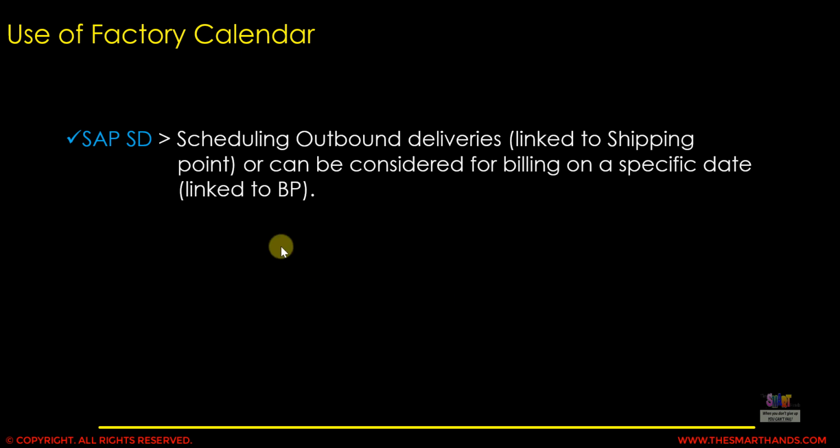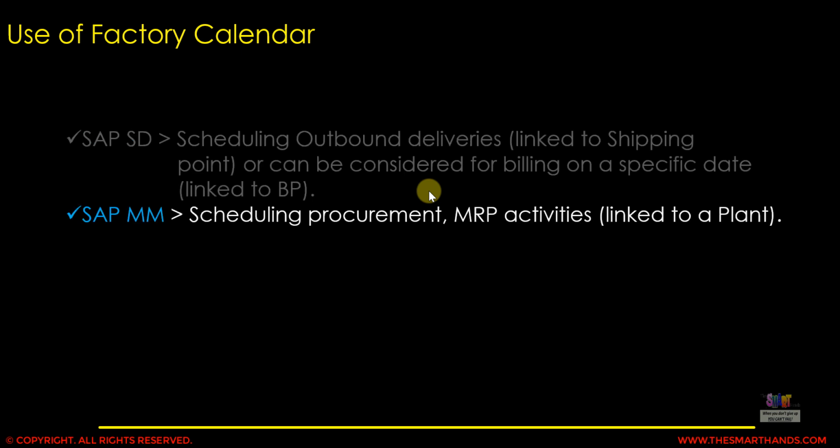There's another example in SAP SD: if you link your factory calendar to your business partner or the customer master data, then we can have billing on a specific date as well. There's a different video that you can watch for this topic. The same goes for MM. In MM, for scheduling procurement and MRP activities, we link it to a plant.